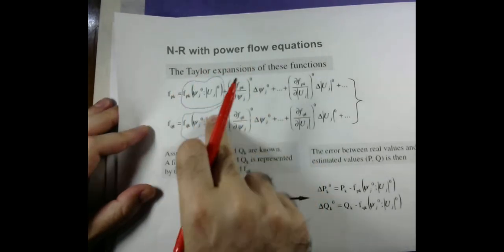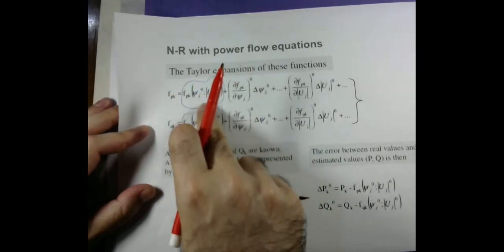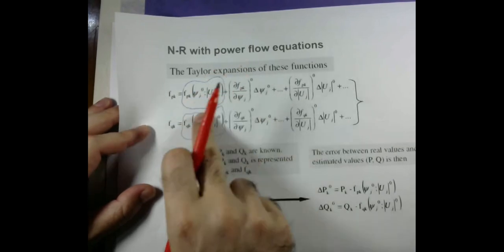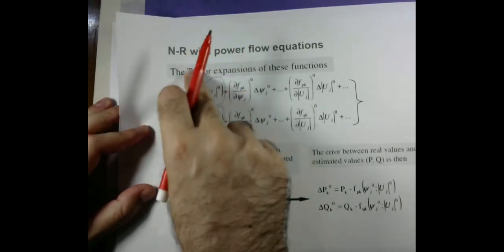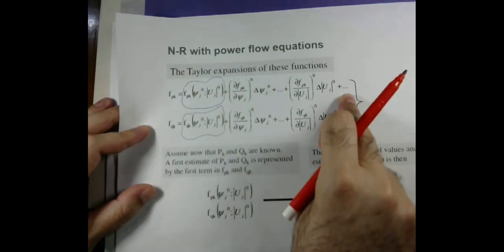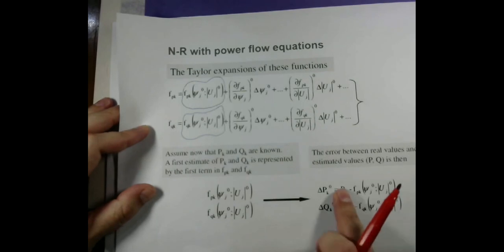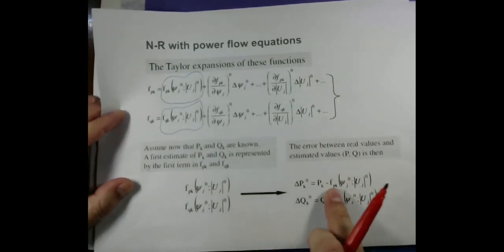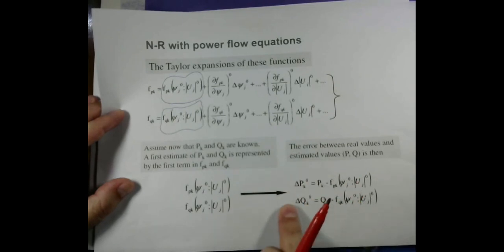In the first guess we assign values to the two variables, so we calculate the first terms in these expansions. Also, knowing that the active and reactive power is given on the load buses, we take the difference of the two and get the error, what we call the power mismatch.